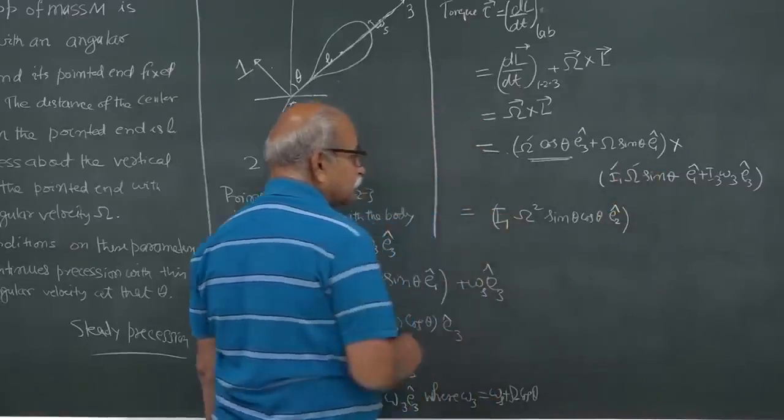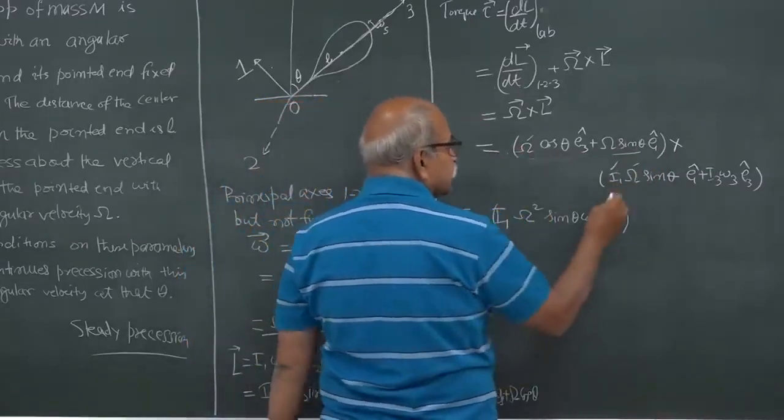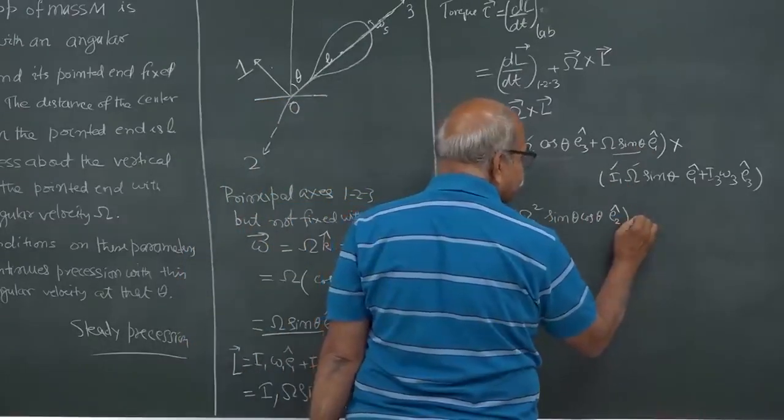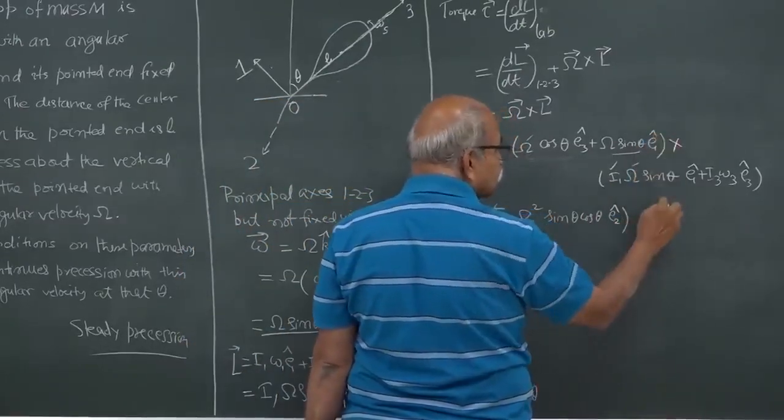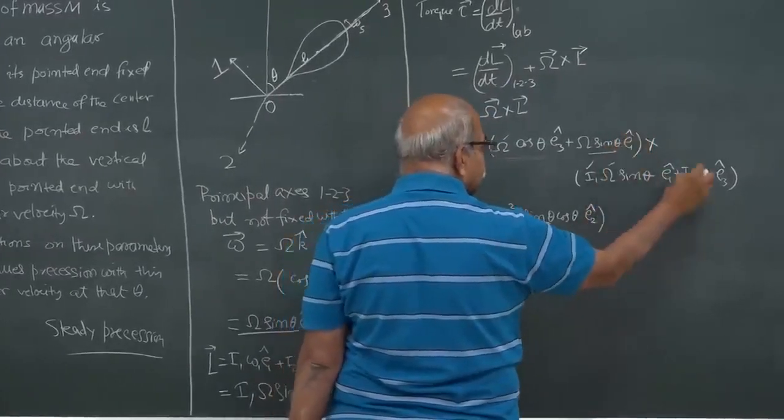This is this term. Now, come to this. E1 cross E1 is 0, and therefore it is this cross this.